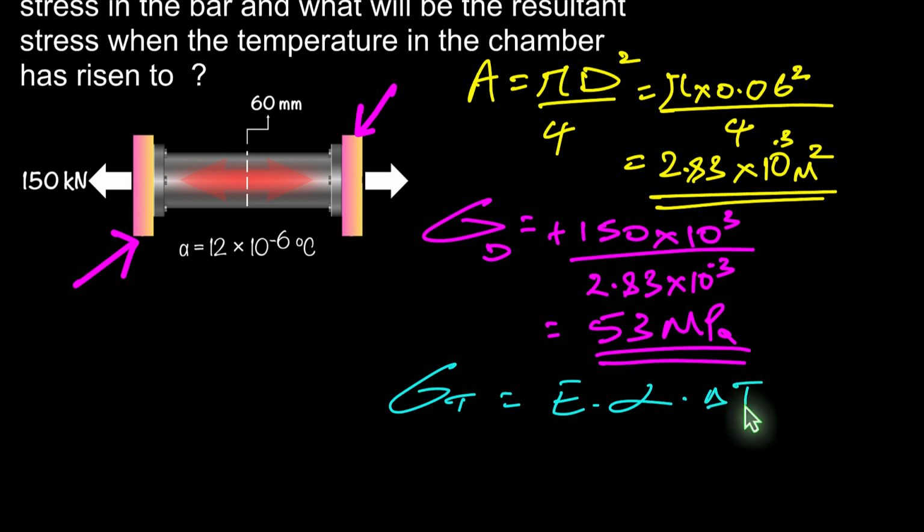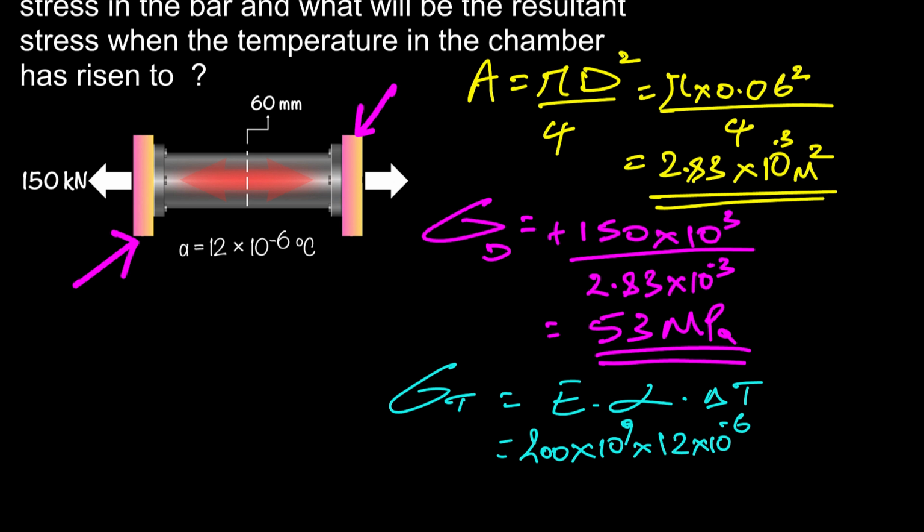So we've been given these values in our question, and the modulus of elasticity, that's 200 gigapascal, so 200 multiplied by 10 to the power of 9, and our coefficient of thermal expansion there is 12 times 10 to the power of negative 6, and we have a change in temperature from 15 degrees Celsius to 50 degrees Celsius.